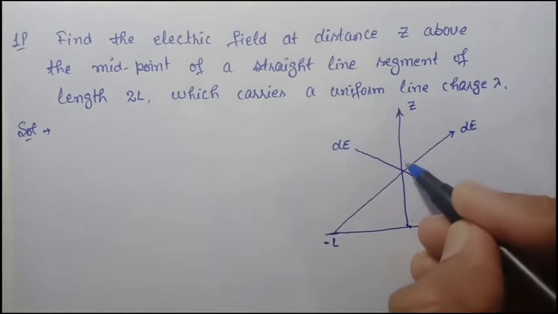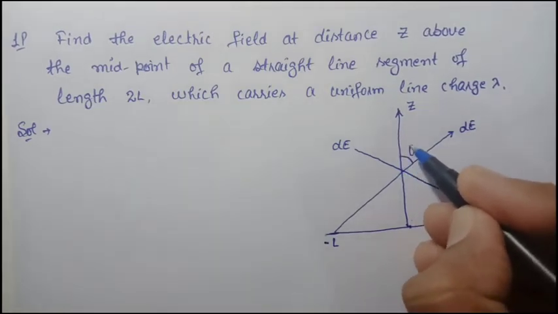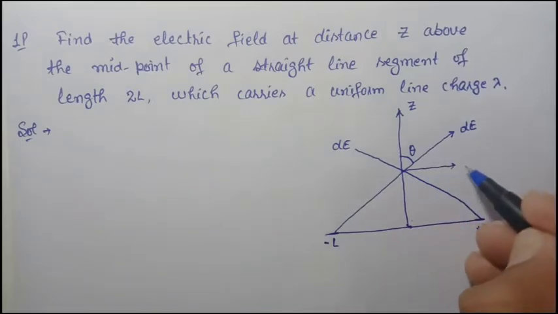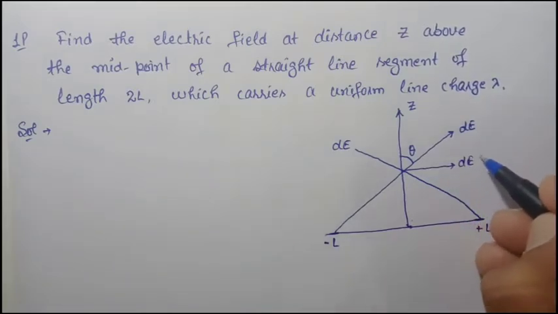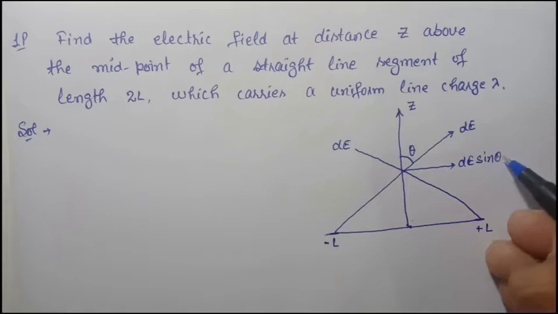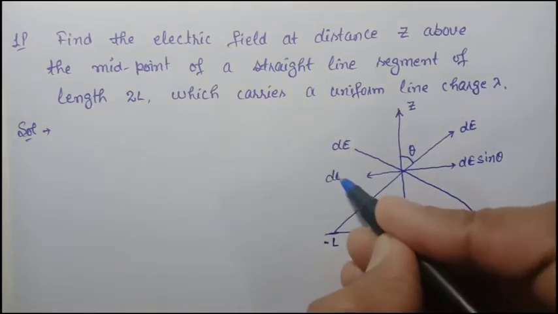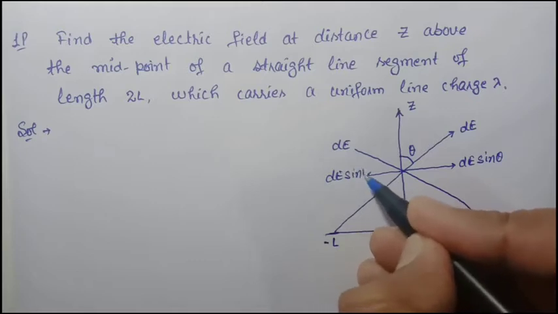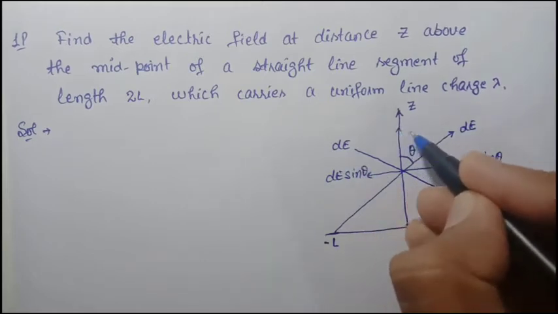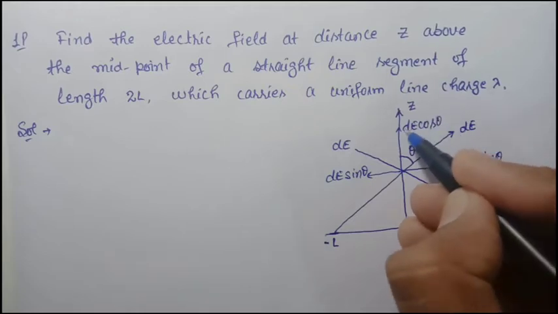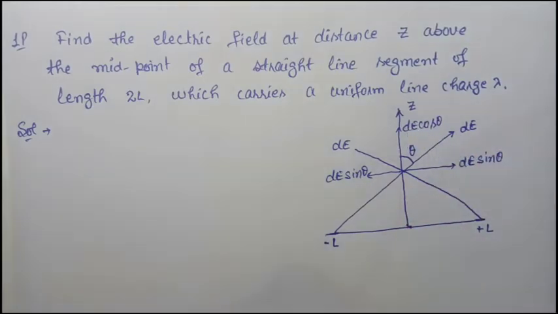Suppose this angle is theta, then the resolved components are dE sin theta on each side, and along this axis we have dE cos theta, or twice dE cos theta.